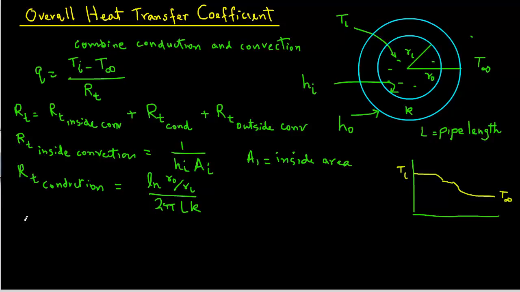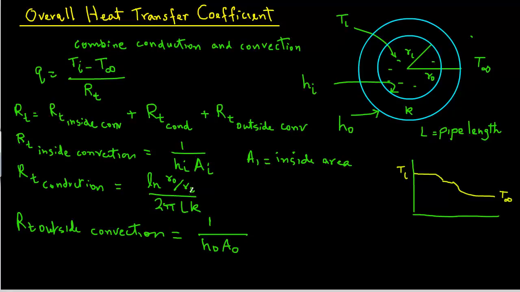Again, you want to look at the module before when we talked about conduction to see how we obtained this expression. The third item is thermal resistance due to outside convection, and that will equal 1 over HoAo, where again Ao is the outside area.